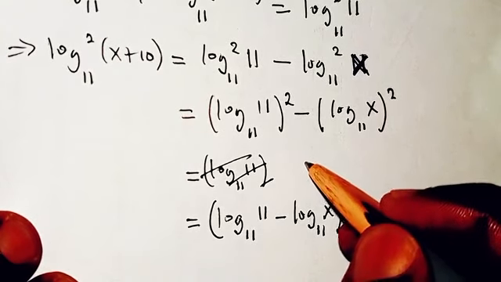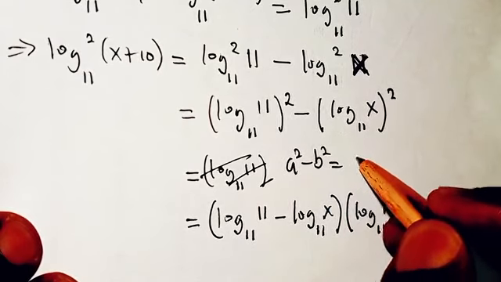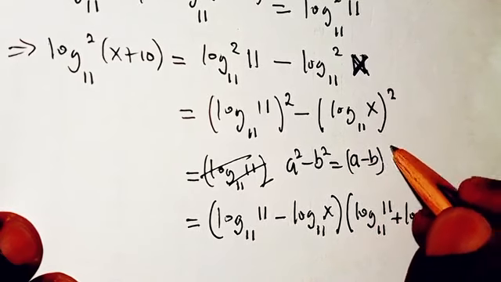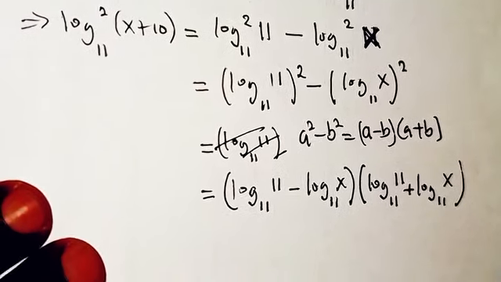What we use is, when you have a squared minus b squared, it will give us a minus b, a plus b. That is what we use.